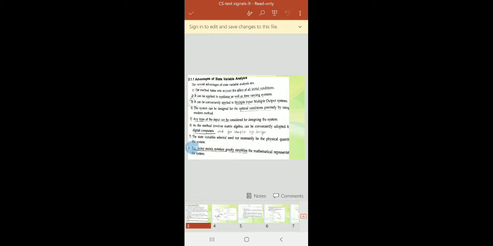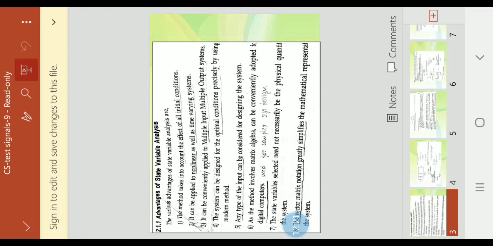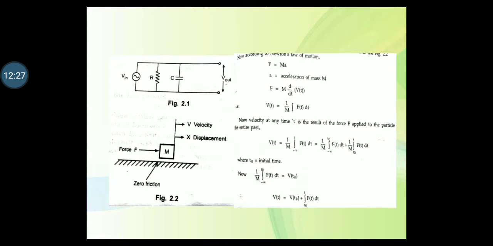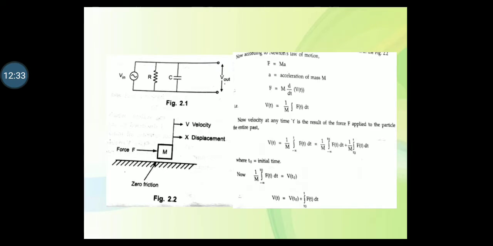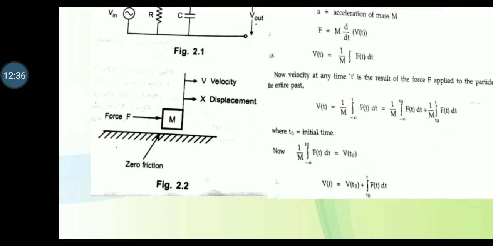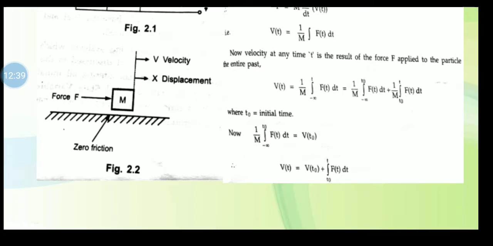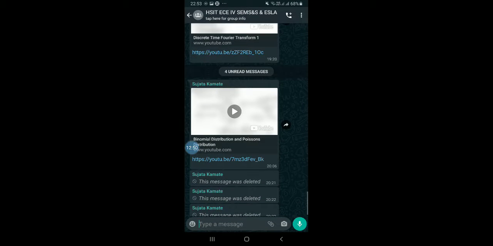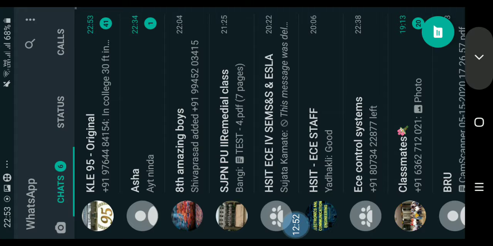Next we will see the concept of state. We will consider the network shown in this figure, with R, C, V in and V out.